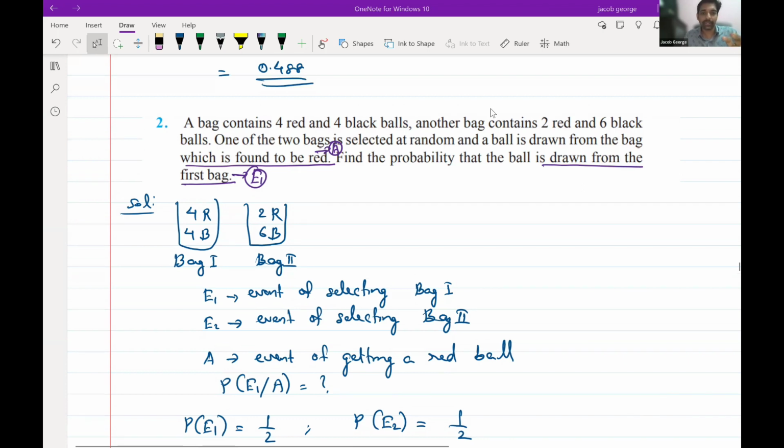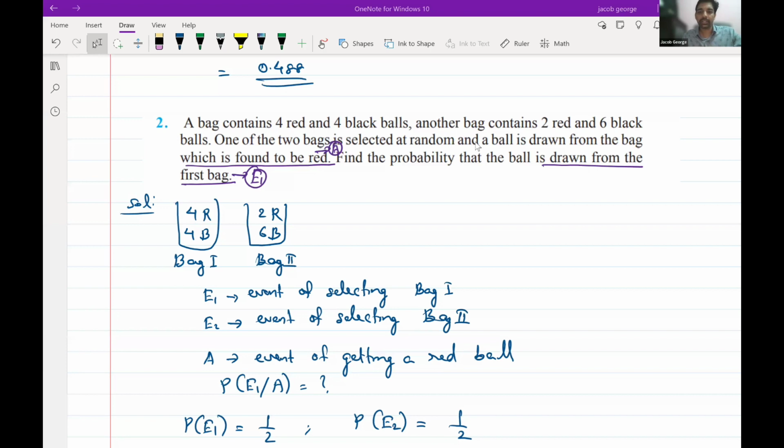Is it okay? All of you understood how to analyze a question and mark different segments from the question and write the introductory part. E1, event of selecting bag 1. E2, event of selecting bag 2. In every question, please follow this pattern: E1 and E2 and capital A, so that you can easily approach all questions instead of writing different letters.